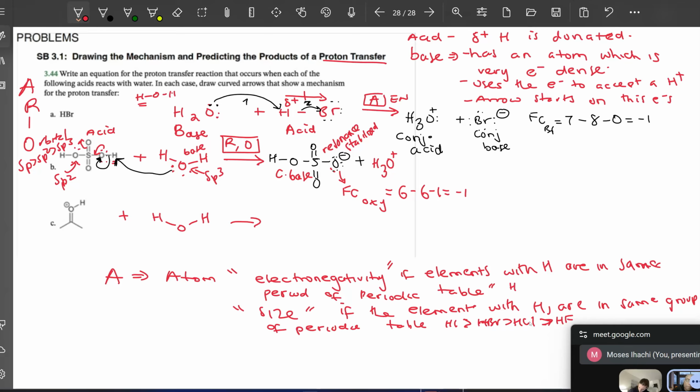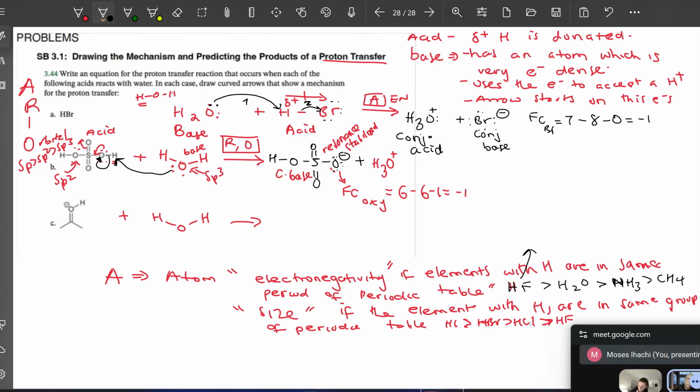In this case, let me start with HF. HF is more acidic than H2O, which is more acidic than NH3, which is more acidic than CH4.